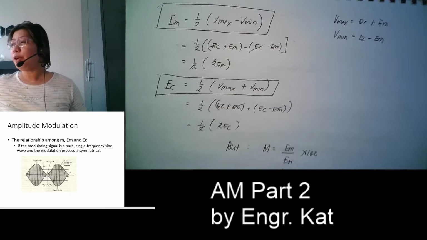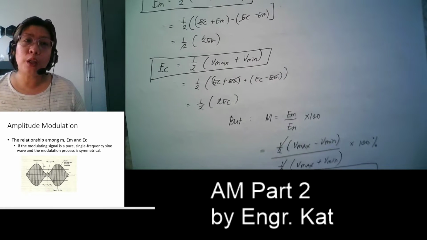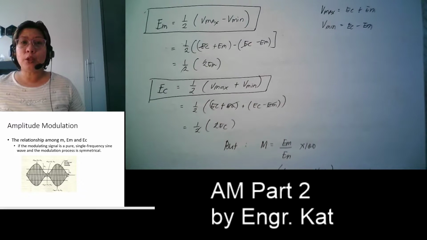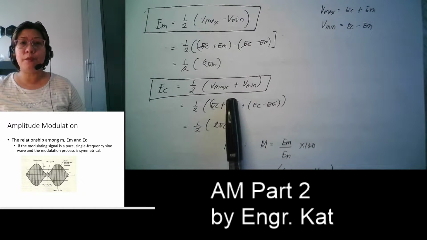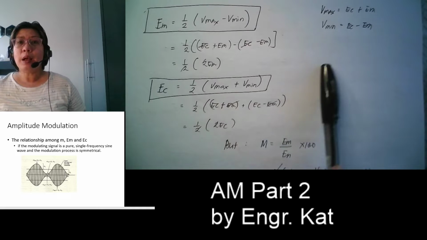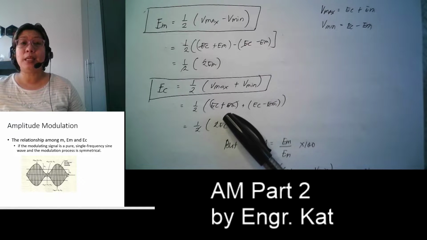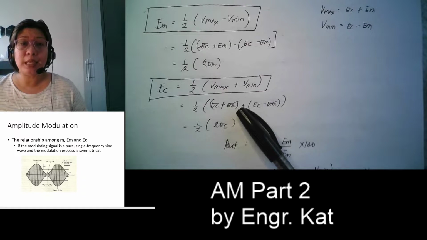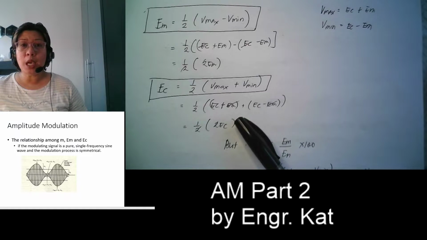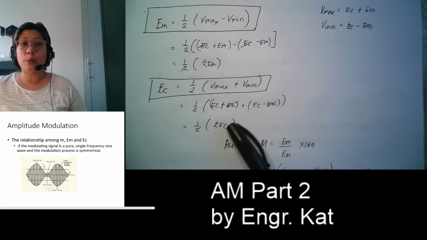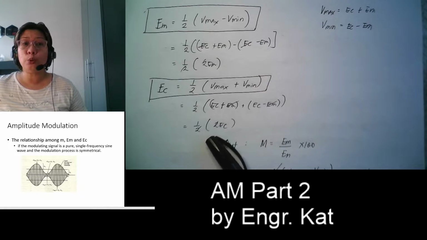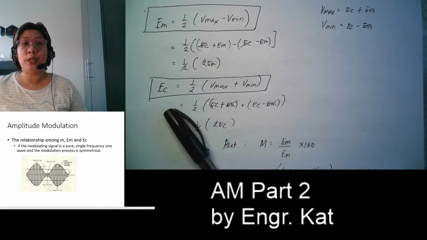For EC, looking at the figure also, EC is equivalent to 1/2 multiplied by Vmax plus Vmin. Substituting this here, that will give you EC plus EM plus EC minus EM. So EM will be cancelled out, and that will give you 2 EC. So 2 divided by 2 gives you EC.